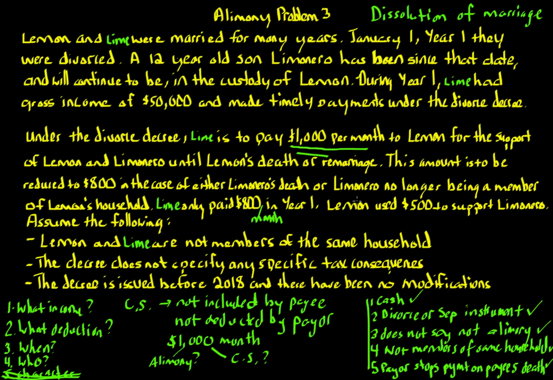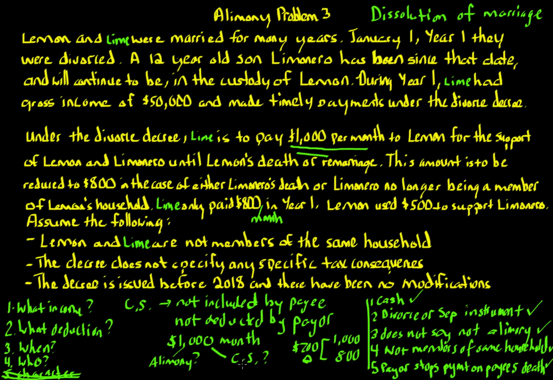That's the idea. So the tax law says when there is this kind of contingency where the child turns a certain age, maybe age of majority, 18, 21, goes to college, or is able to be a member of another household, or death, then that reduction, that difference from $1,000 to $800, that $200 difference, is implied to be child support.